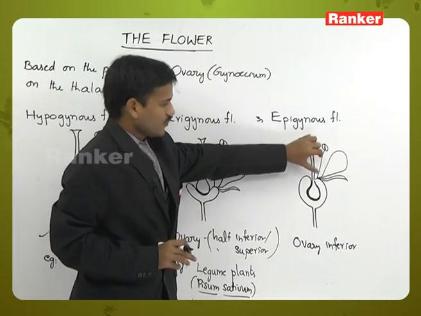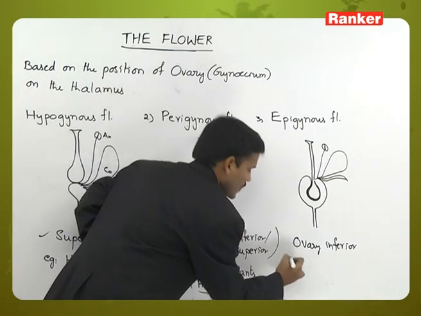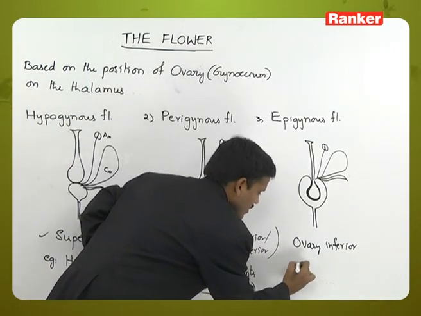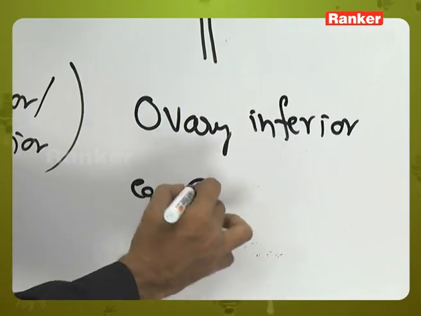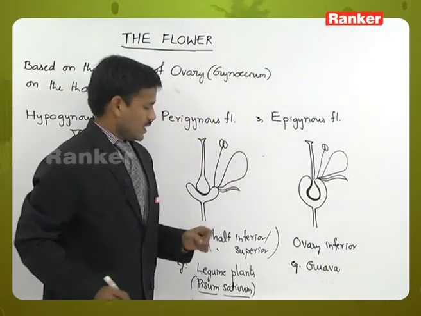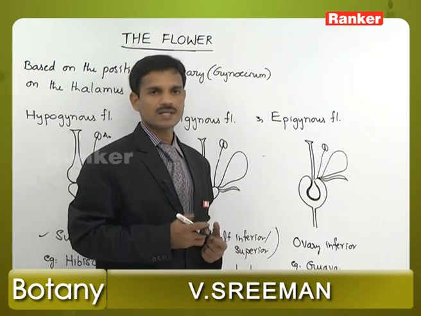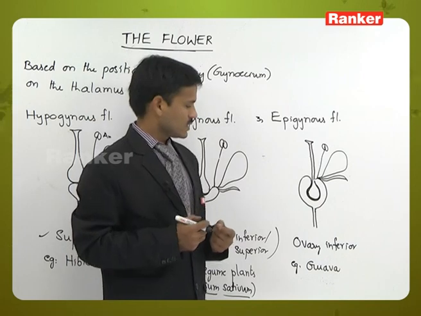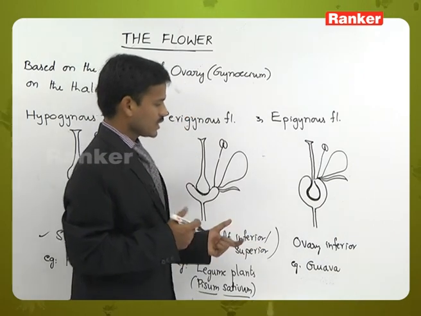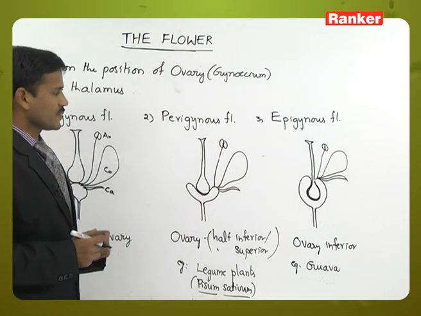This type of flower is observed in guava and in ray florets of Asteraceae family members, Tridax, Helianthus. So these plants show the epigynous flower.